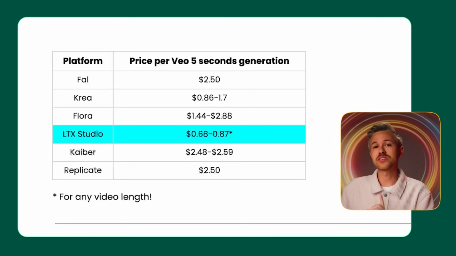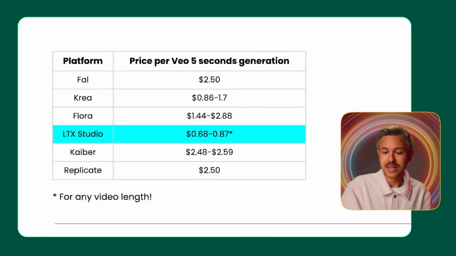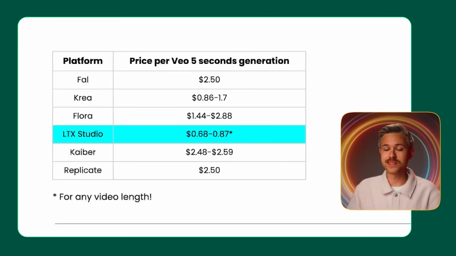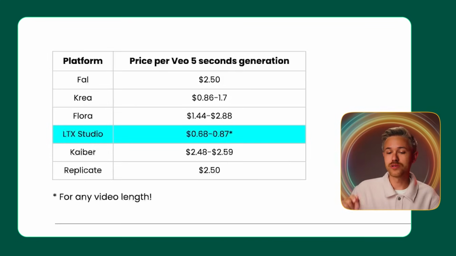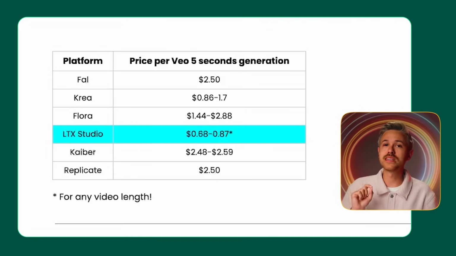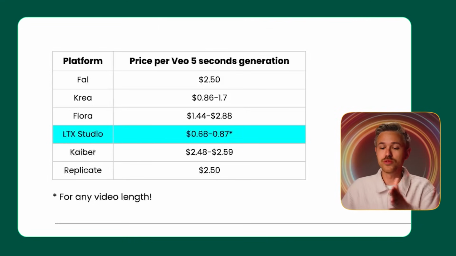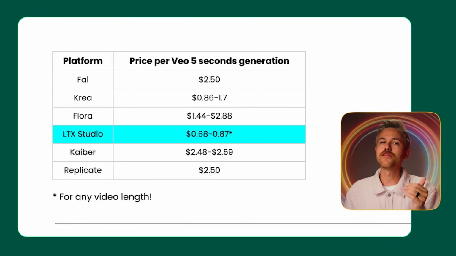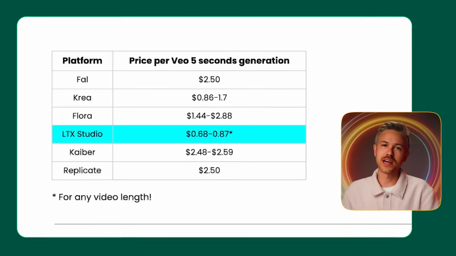Well, the team at LTX Studio came out this last week and said that it would only cost between 68 cents and 87 cents to generate Google VO2 clips on their platform. This actually makes LTX Studio the cheapest place that you can go to generate Google VO2 clips. So I highly recommend checking it out if you utilize Google VO inside of your workflow.